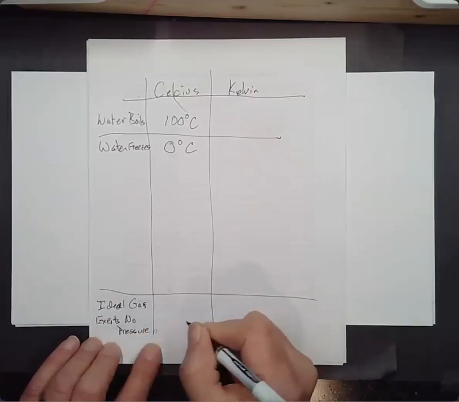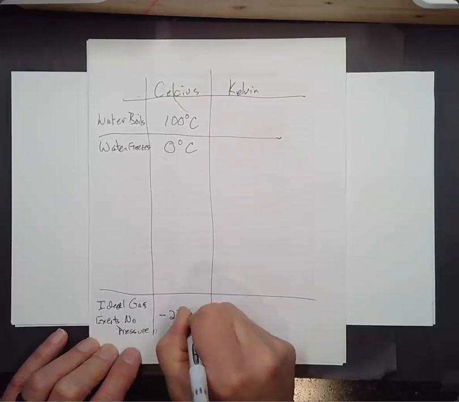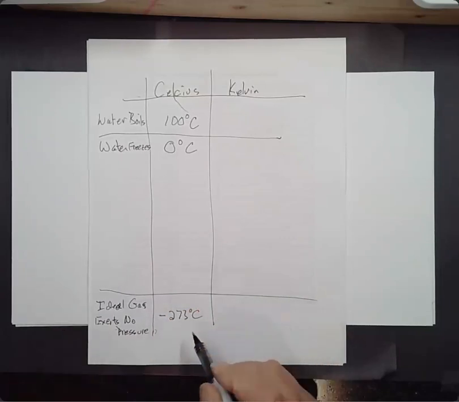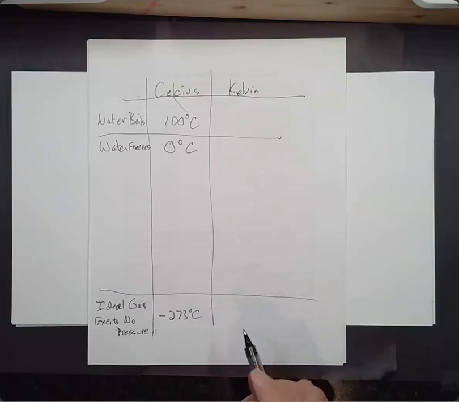Okay, and that happens at minus 273 degrees Celsius. Now, there's something that's tagged onto here, 0.15 a lot of times, but to 3 significant figures, this will be good enough.